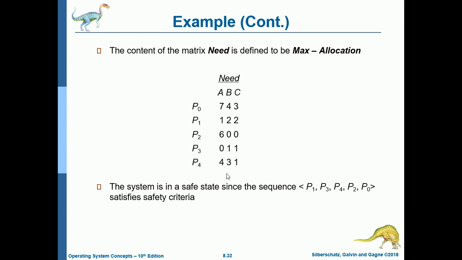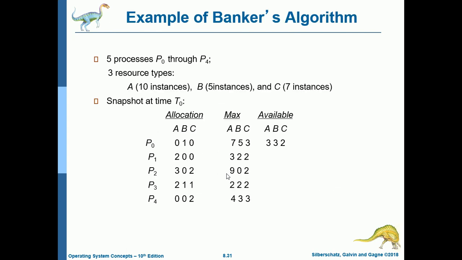I'll give a separate video to illustrate the banker's algorithm, because it is actually a relatively long process. You are going to subtract the needed resources, and then you are going to return the resources after the process has finished its execution. You have to return all the resources that this particular process has used.